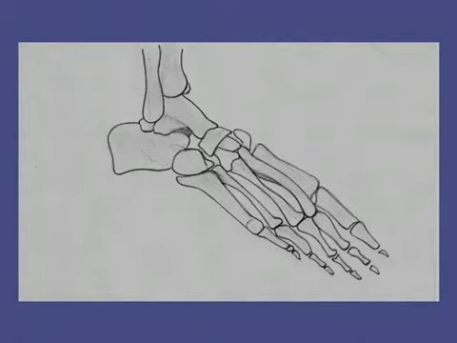The variation here is that the great toe has only 1 interphalangeal joint, while the other toes, the second to fifth toe, have 2 interphalangeal joints, the proximal interphalangeal joint and the distal interphalangeal joint.